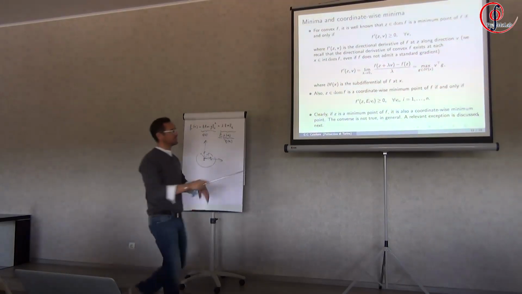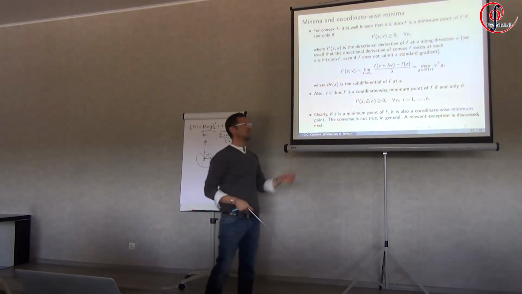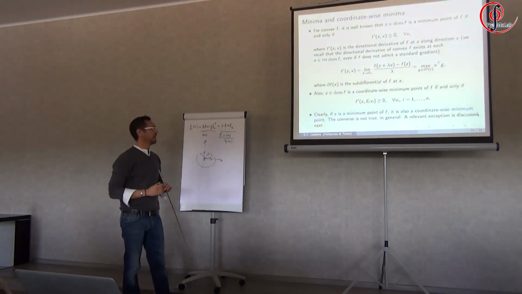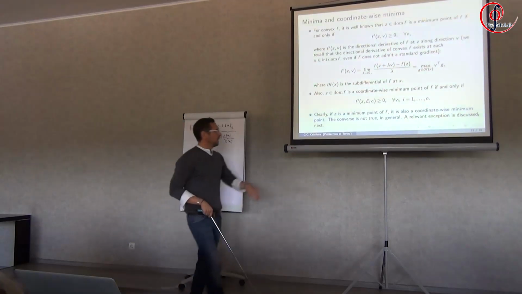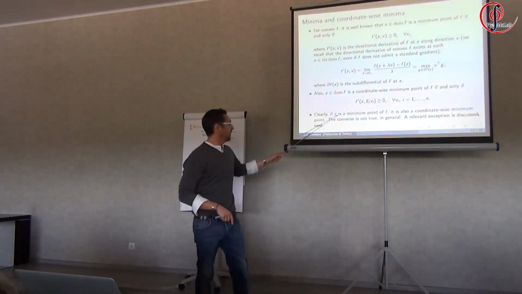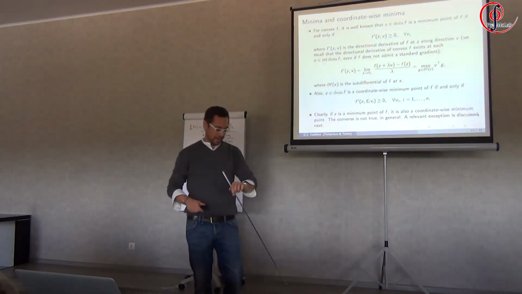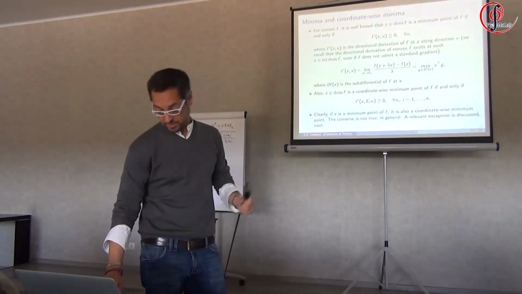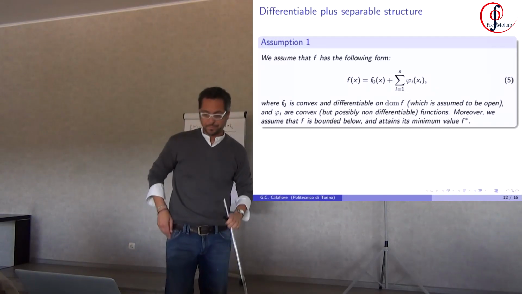Okay? This is slightly more general because I'm allowing for blocks of coordinates, but it's really irrelevant. So we have this point here that we already discussed. We can have a minimum point. Any minimum point is also a coordinate-wise minimum point, but not vice versa.